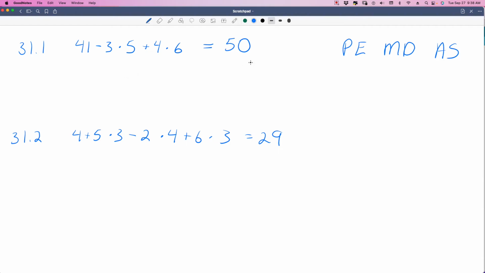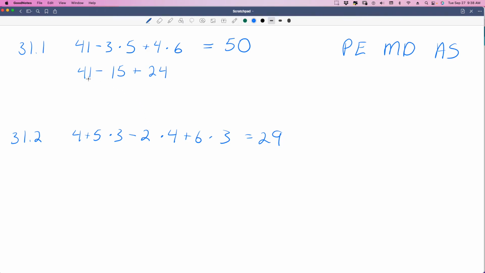So in order to get 50, we have to remember PEMDAS, and I don't see any parentheses, I don't see any exponents, but I do see some multiplication. So that would happen first. So what we would really have here would be 41 minus 3 times 5 is 15, plus 4 times 6 is 24.